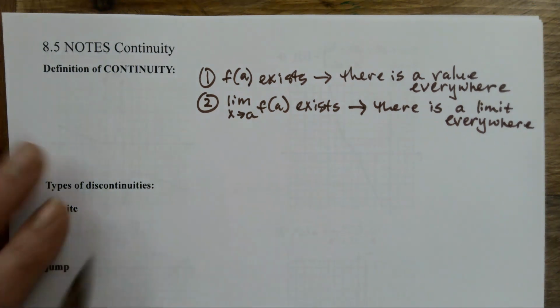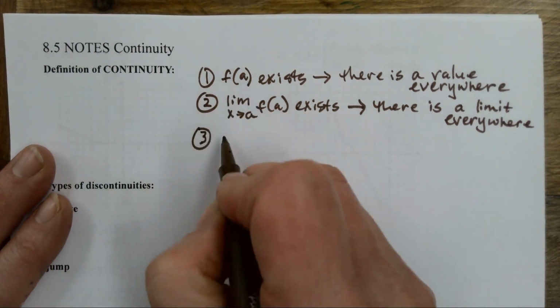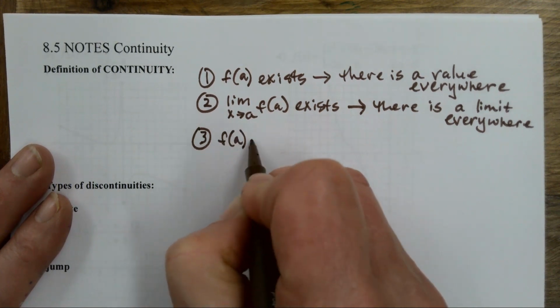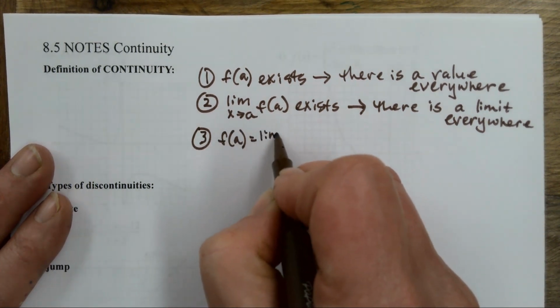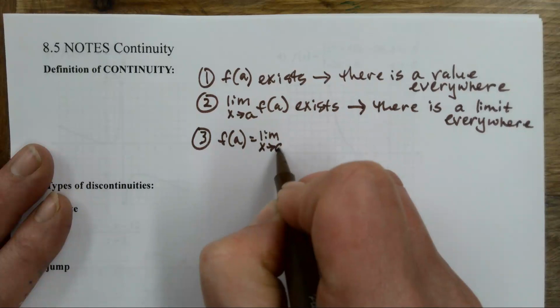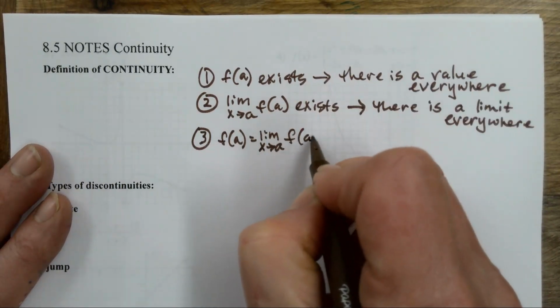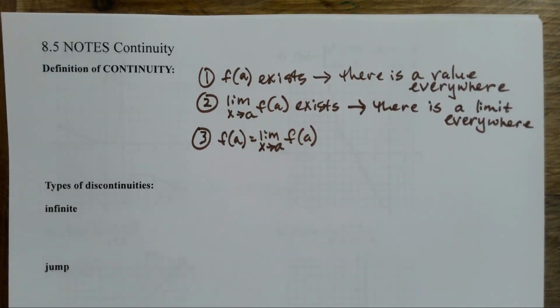Then the last rule is that that value and that limit for any a I put in has to be the same.